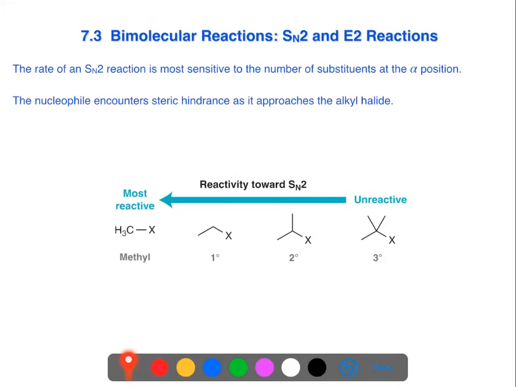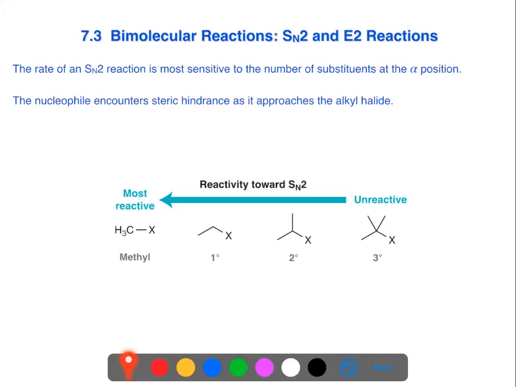And the reason for this correlation of substituents to reactivity has a lot to do with steric hindrance. So as you may recall, when we talk about steric effects, we are referring to atoms trying to occupy the same space.